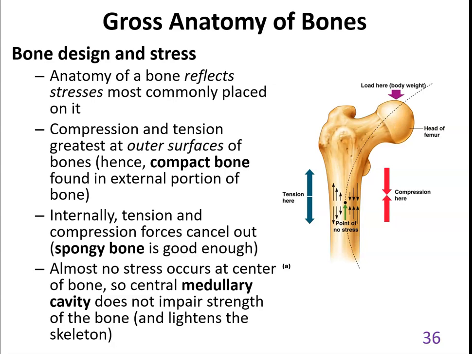One of the last bone structure things I want to show you is that the spongy bone inside a bone does give it strength. So the compact bone is much stronger than spongy bone. That is obvious. And compact bone is dense and heavy. And so our bones are not made of just compact bone, or else we would be way heavier and we wouldn't have a good place to store our bone marrow anyway.